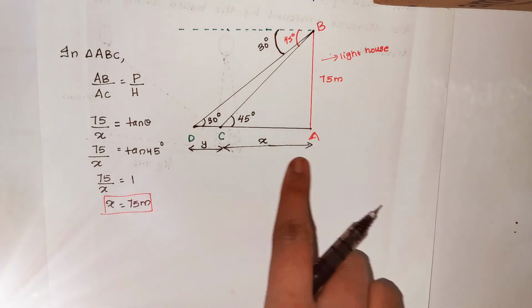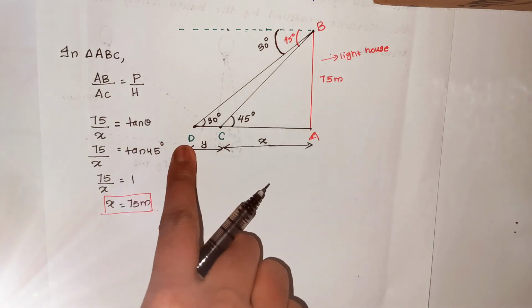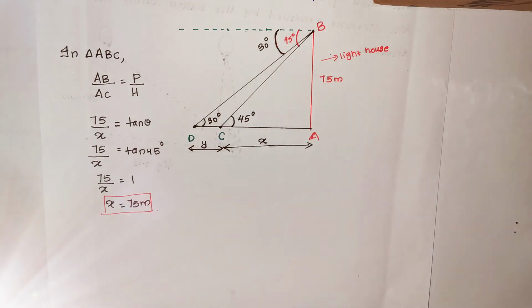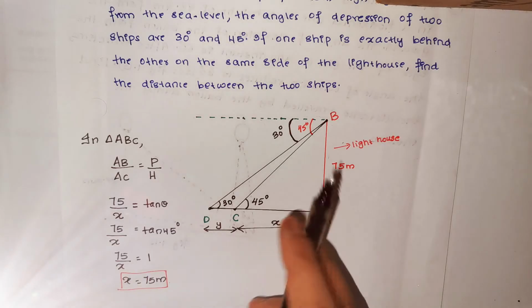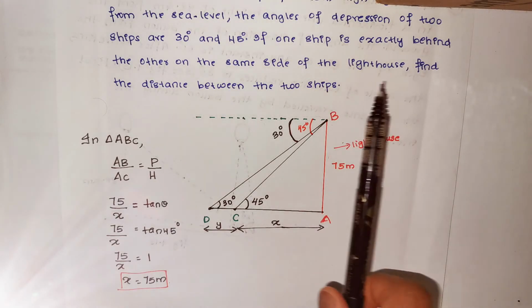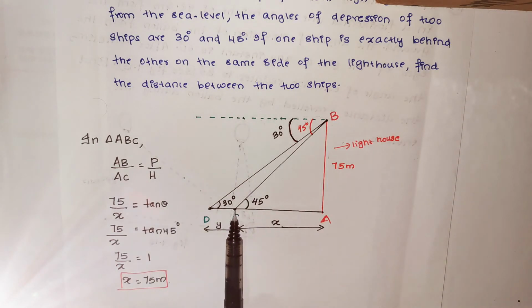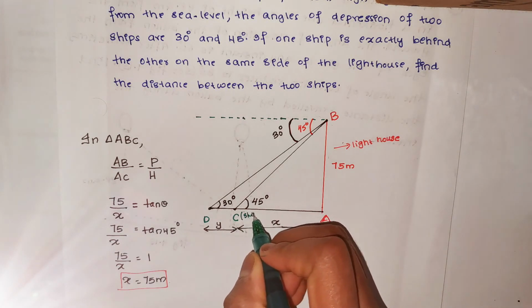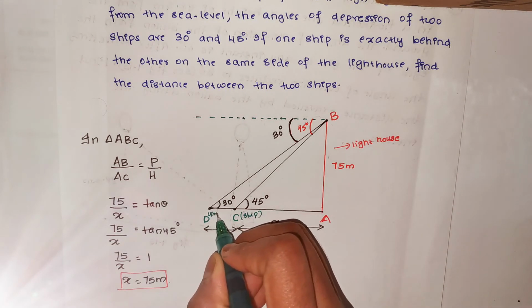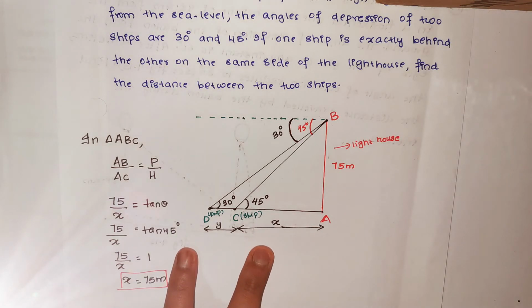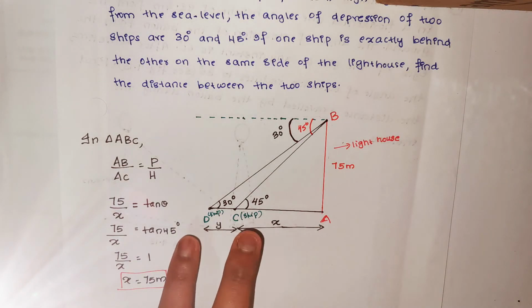We can take the triangle, this full triangle DAB. So students, in the question what we have to find? We have to find the distance between the two ships. One ship is here, this is one ship, this is another ship. So, distance between the ships means we have to find this y.